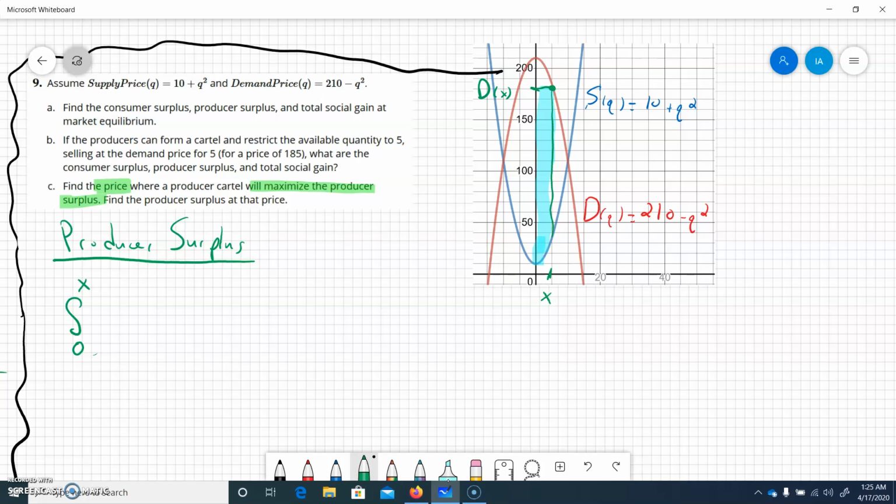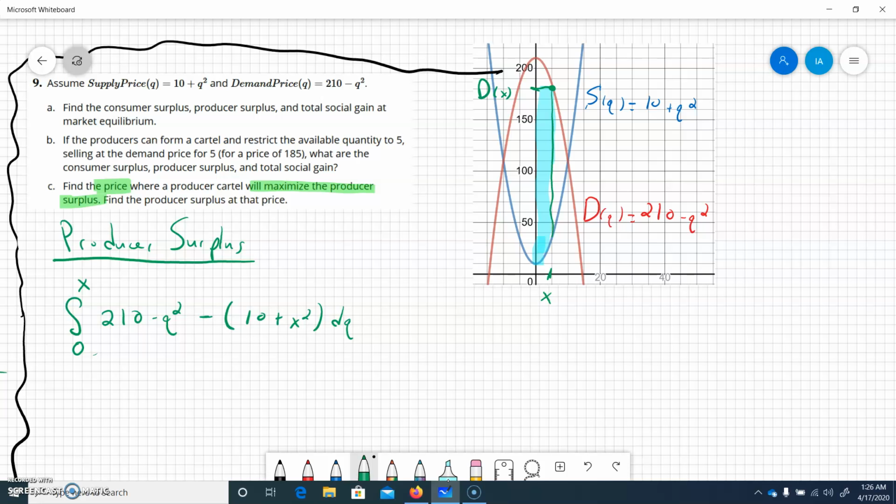So it is 210 minus Q squared. And then we're going to subtract whatever this bottom curve is. And this bottom curve is going to be set by whatever X is. So that's going to be 10 plus X squared.